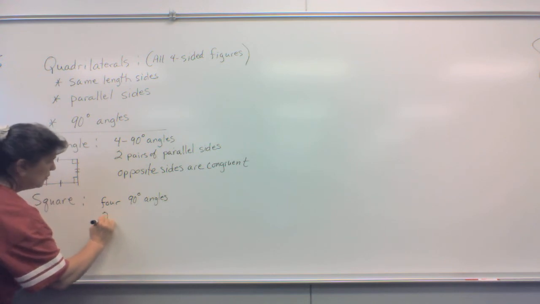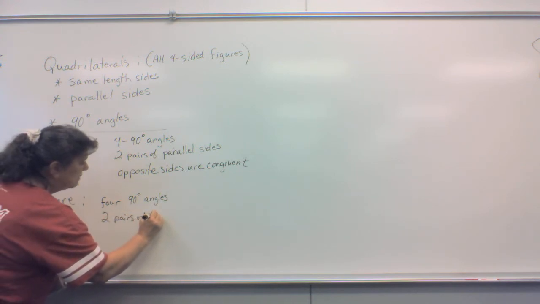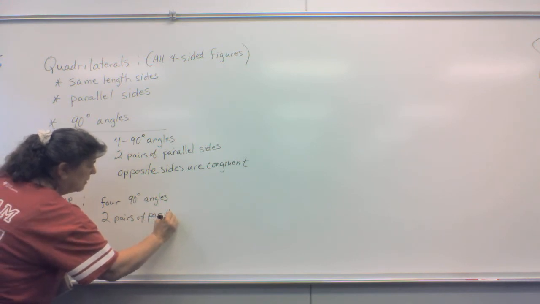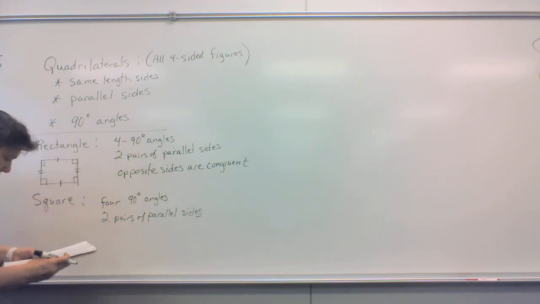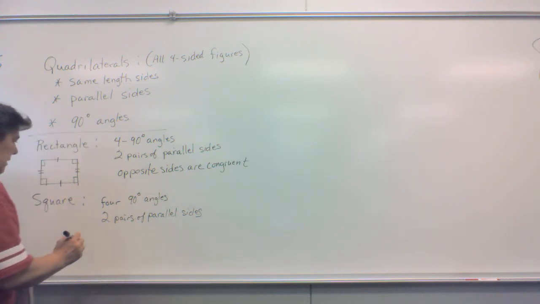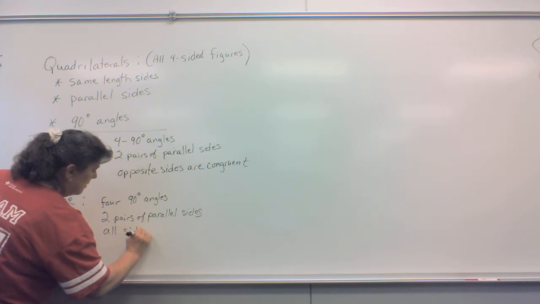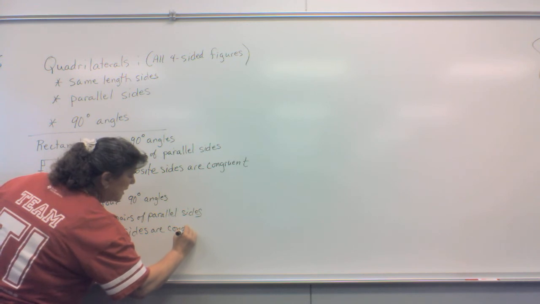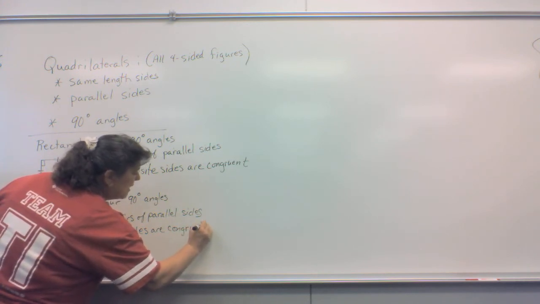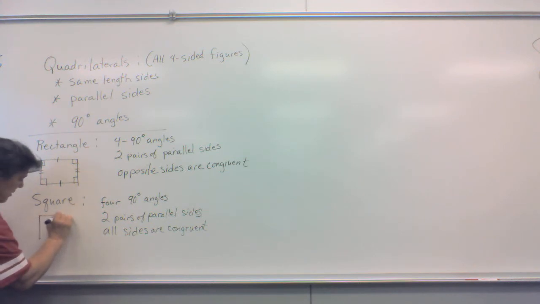It has 2 pairs of parallel sides, and the last one is all sides are congruent, which makes opposite sides the same length. Therefore, a square is a special kind of a rectangle.